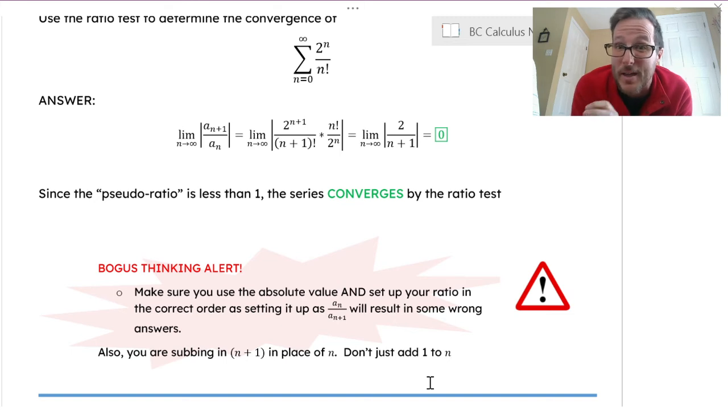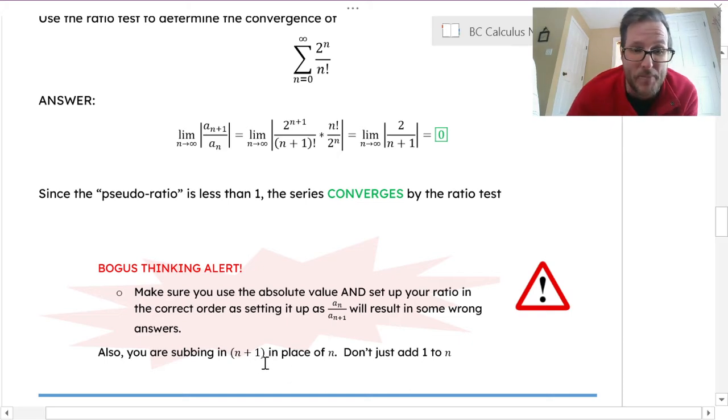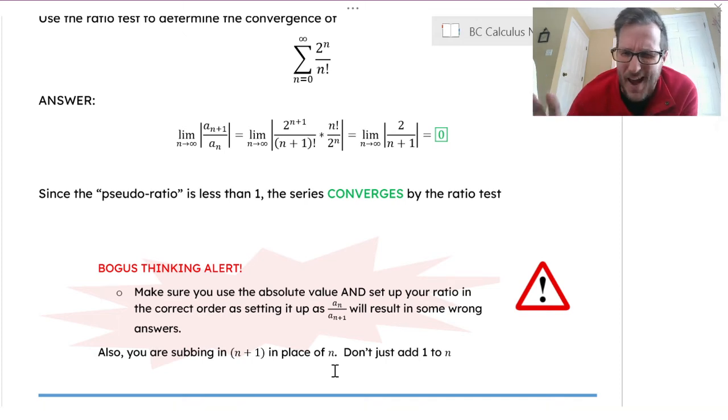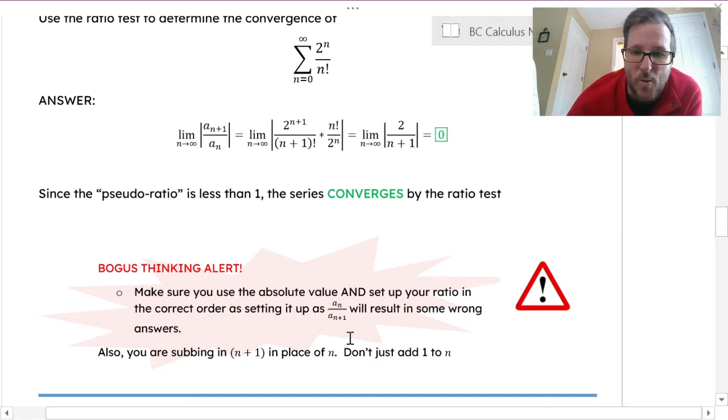It's got to be the n plus 1th term divided by the nth. And you've got to sub in n plus 1 in place of n. People make the mistake all the time. They just see an n and they just add 1. That's not what we're doing. The n plus 1th term is subbing in n plus 1 in place of n. So those are two words of caution in case you come up with those bogus ways of thinking.